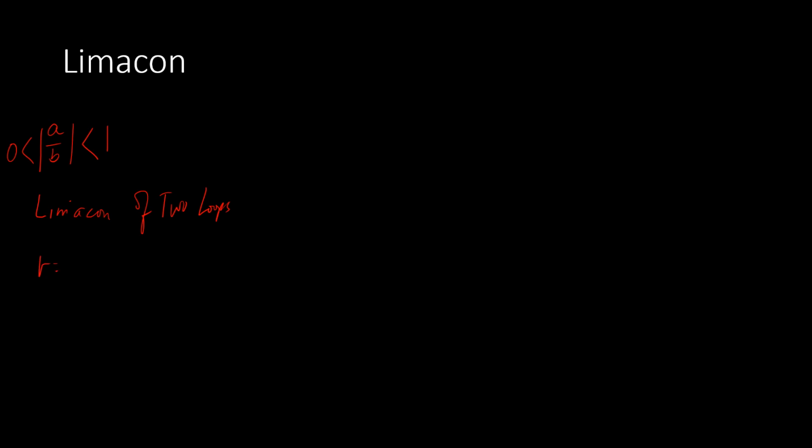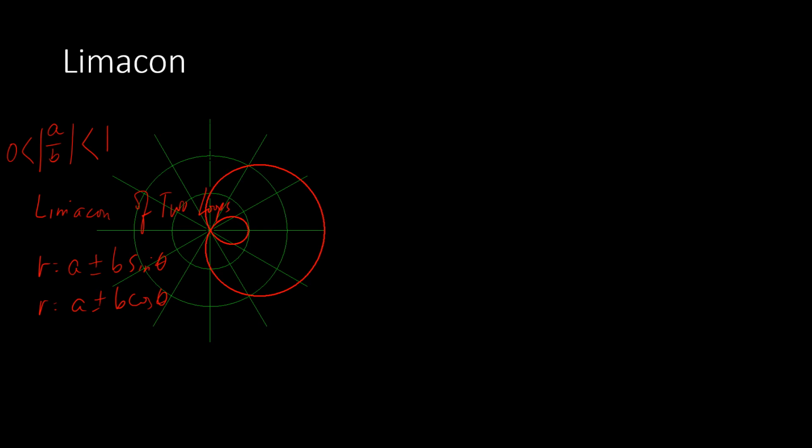So the equation is r equal to A plus or minus B sine theta, and r equal to A plus or minus B cosine theta, where the ratio A over B is between 0 and 1. So this is the graph of r equal to 1 plus 2 cosine of theta.